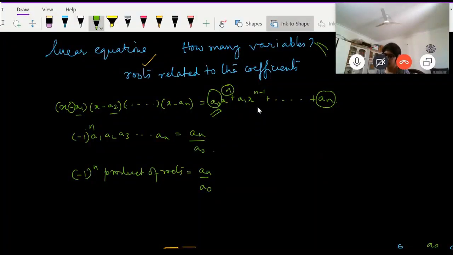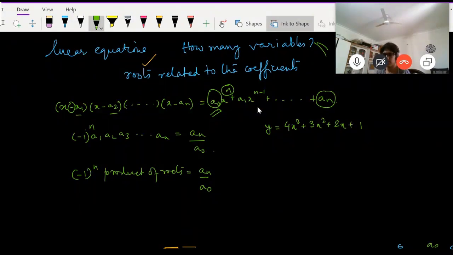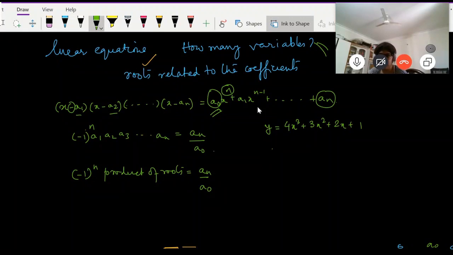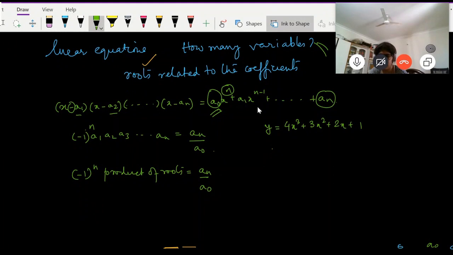So in a cubic equation, let's say y is equal to 4x cube plus 3x square plus 2x plus 1, right? What would be the sum of the roots? We'll use the same formula for the product of the roots as we used for the an for our cubic equation.